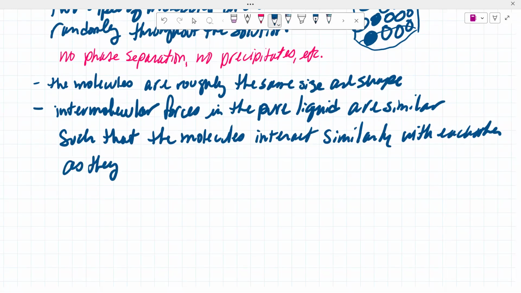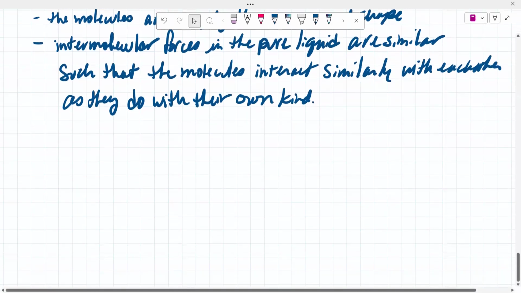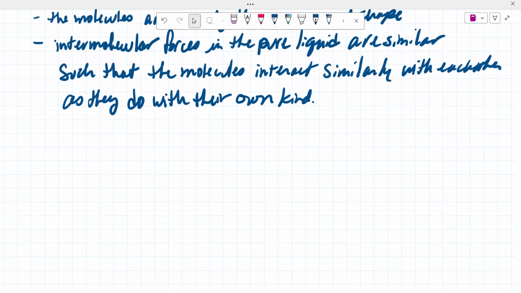In other words, this is not hydrophobic, hydrophilic stuff. These same reasons are the reasons for non-ideality.